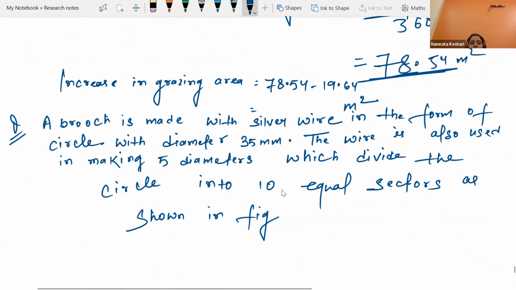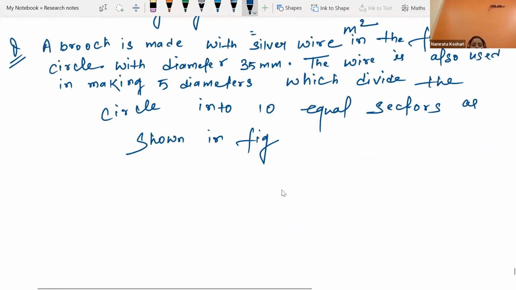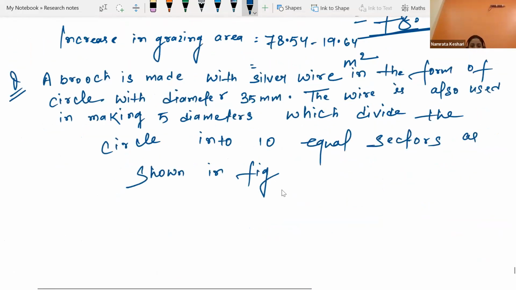Let's do this one. Read the question. Let me draw the figure, then I'll explain it.